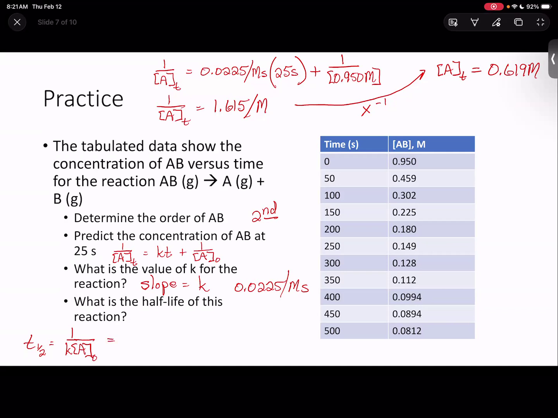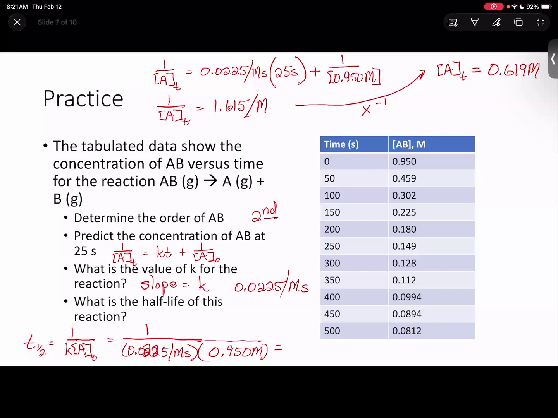So it is equal to 1 over 0.0225 per molar second times the original concentration of 0.950 molar. So that value comes out to be 46.8 seconds.